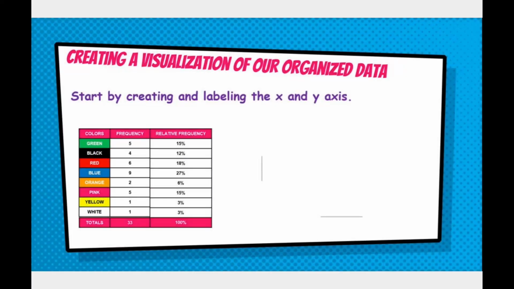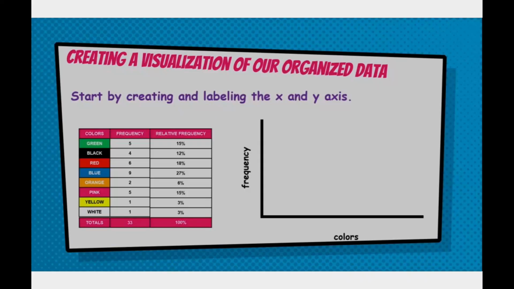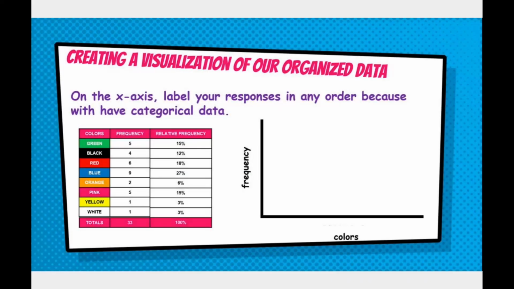If this is my frequency table from yesterday, I'm going to start by creating and labeling an x and y axis. My x-axis is just my colors, and I'm going to label all of them down there. The y-axis is how many of each one of those colors, and we can scale these accordingly depending on what our data looks like.